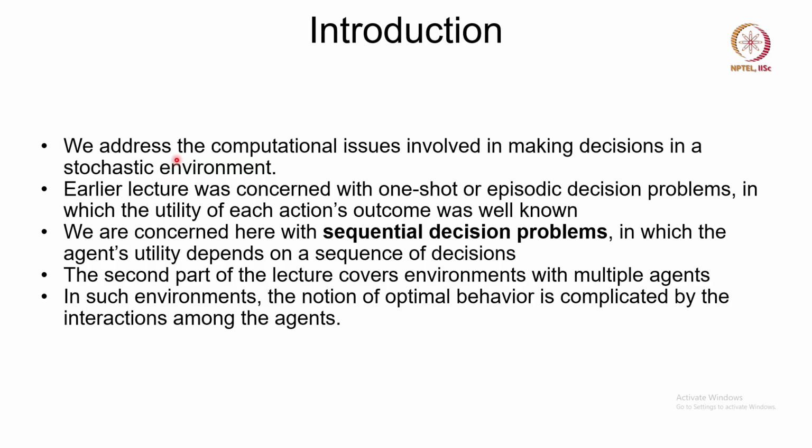So what we are doing here is making decisions in a stochastic environment basically, and in the earlier part we talked about one shot or episodic decisions, whereas here we will talk about sequential decision problems. Okay, so you are taking a sequence of decisions in a particular order. Okay, and the agent's utility depends on the sequence of decisions that are taken.